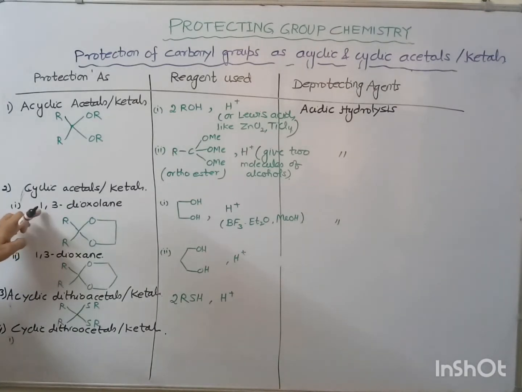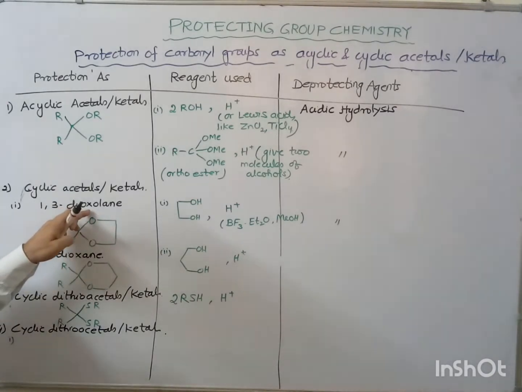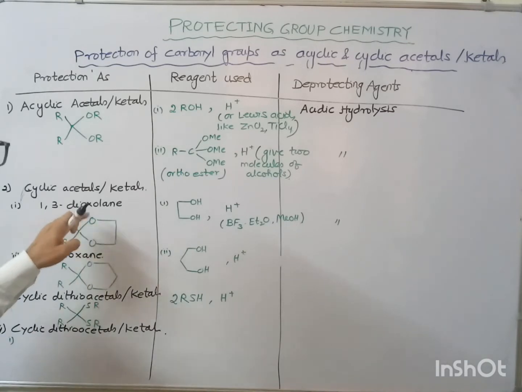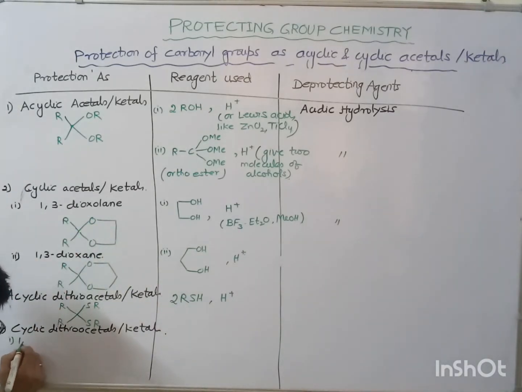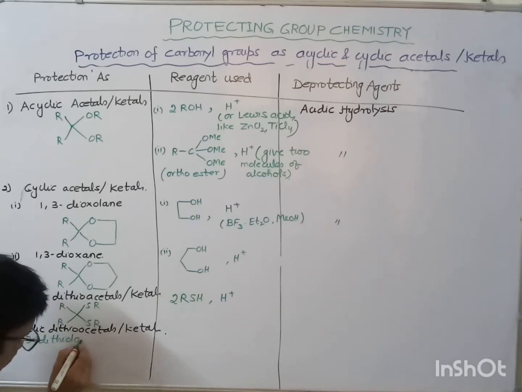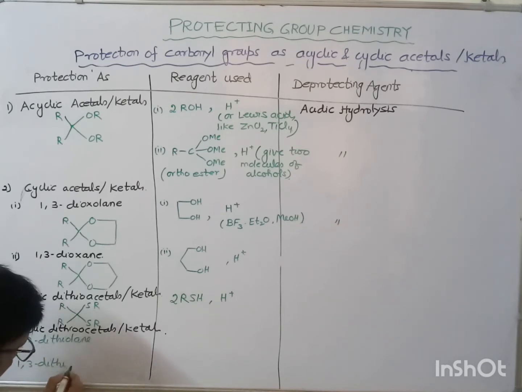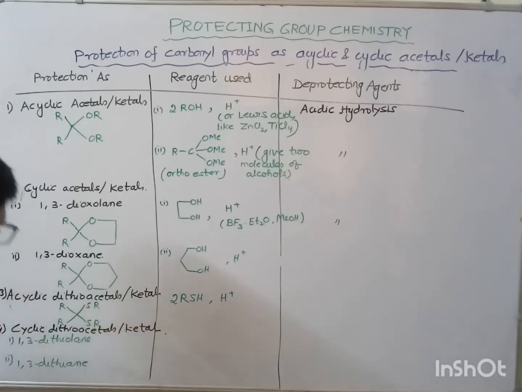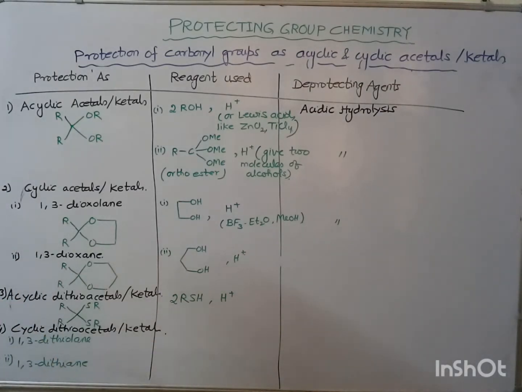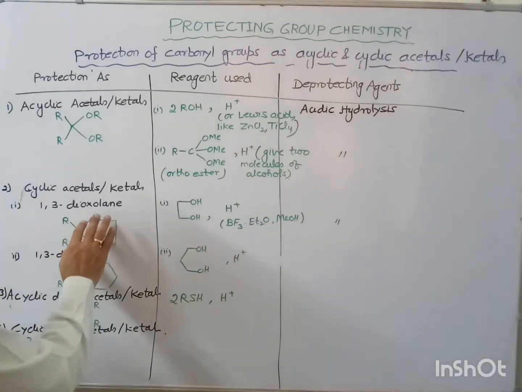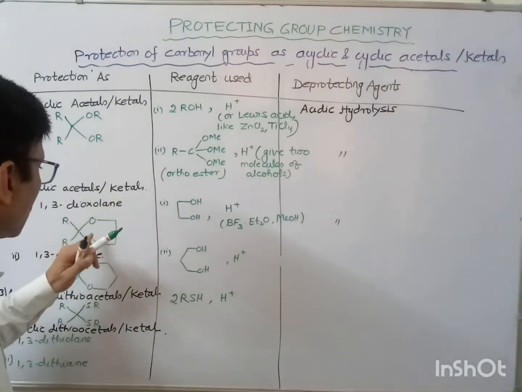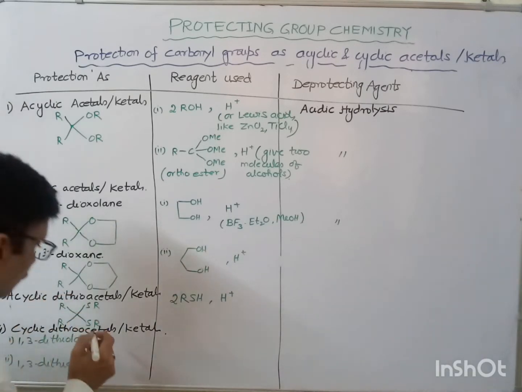It can be converted into 1,3-dithiolane, or it may be converted into 1,3-dithiane. Okay, so the structure is similar, just change oxygen into sulfur.